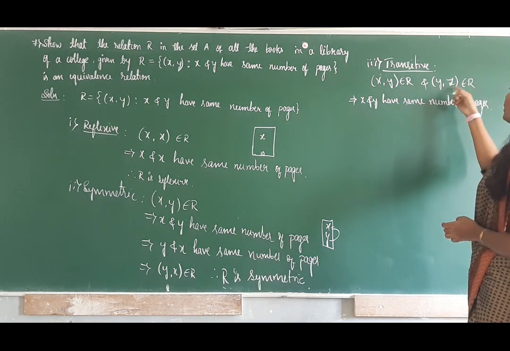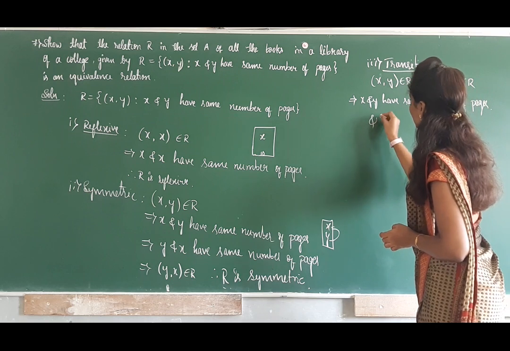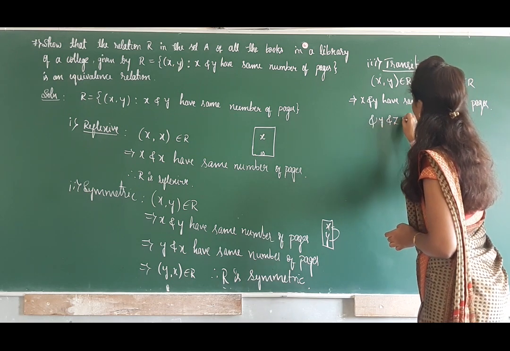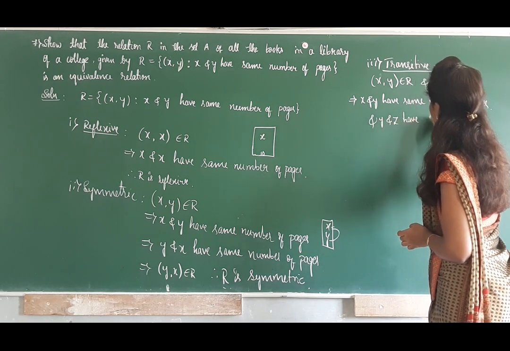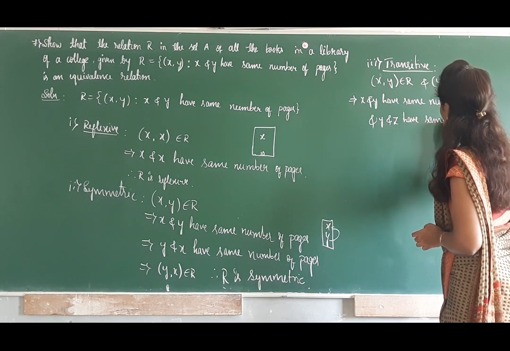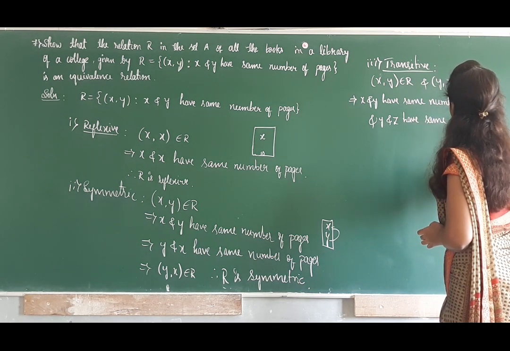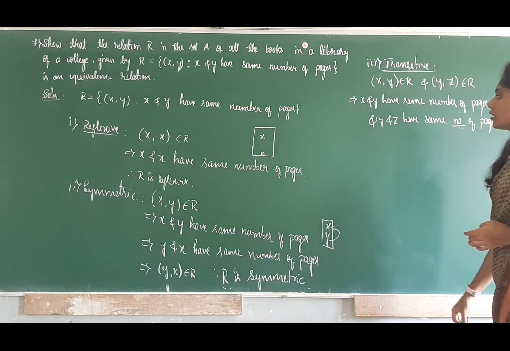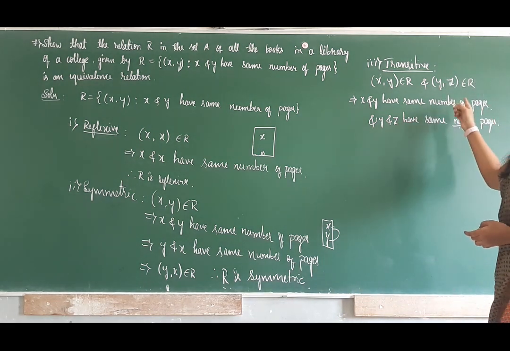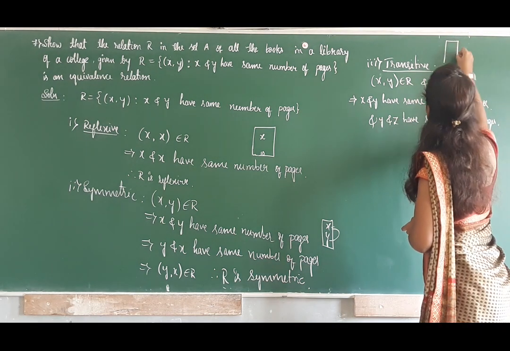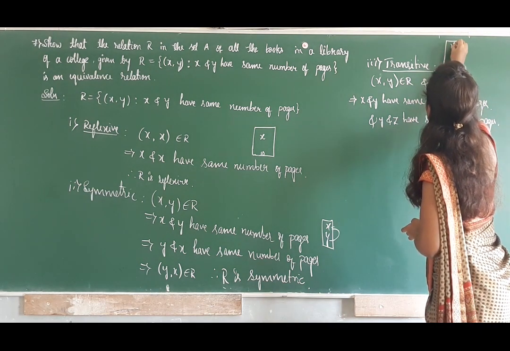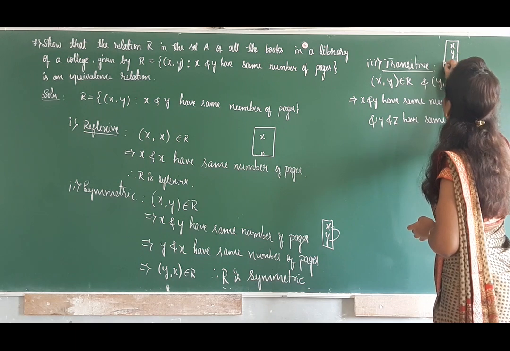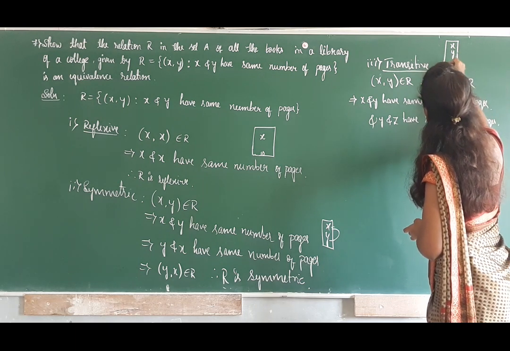And (Y, Z) belongs to R means Y and Z have the same number of pages. See here, X and Y have the same number of pages, that means X and Y are present in page number 20.